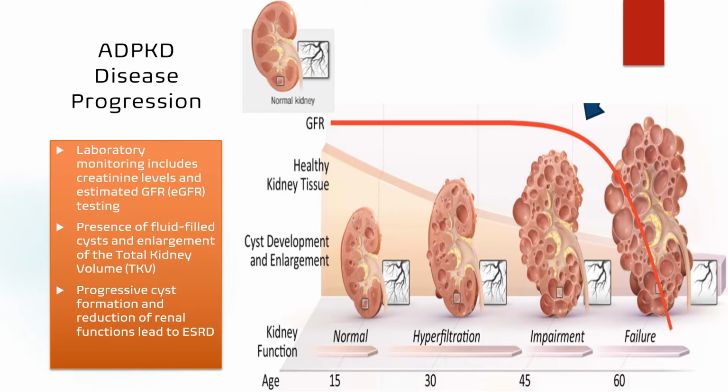In context of ADPKD progression or disease progression, mainly laboratory or pathology monitoring includes determining creatinine clearance and estimated glomerular filtration rate, and investigations to determine presence of fluid-filled cysts and enlargement where there can be healthy kidney tissue that's been affected.